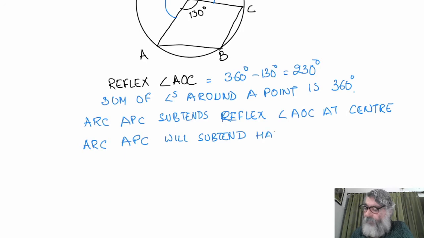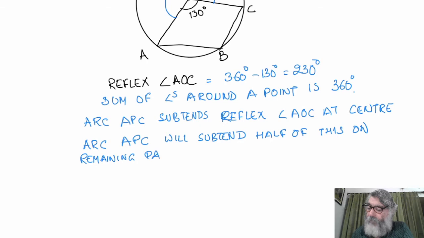half of this on the remaining part of the circumference. What does it mean?